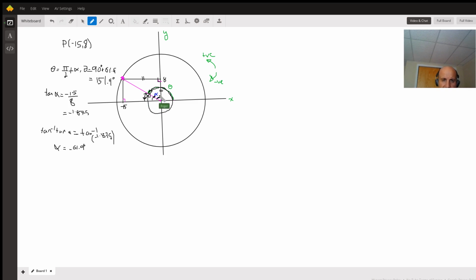Well, this angle is nothing but 90 minus alpha, right? So this angle here, I'm going to call that angle beta. Okay, so angle beta is nothing but 90 minus alpha, which is 61.9 degree. And that's going to give you 28.1 degree.